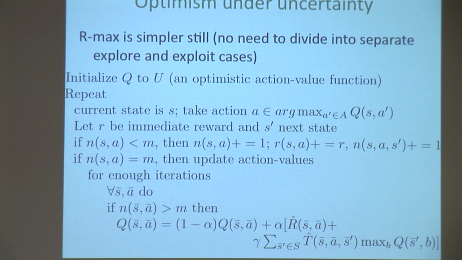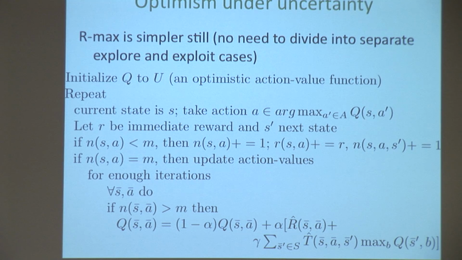And you only update once you've visited a state action pair at least M times. This maintains optimism, and as you visit state action pairs, your model gets accurate everywhere, and it works. So this is a much simpler way of doing the same thing as E-cubed did.